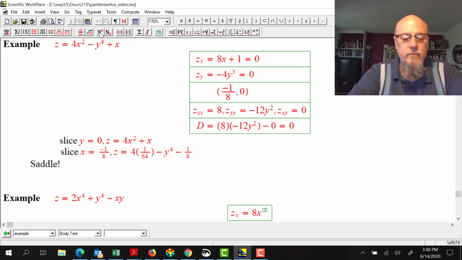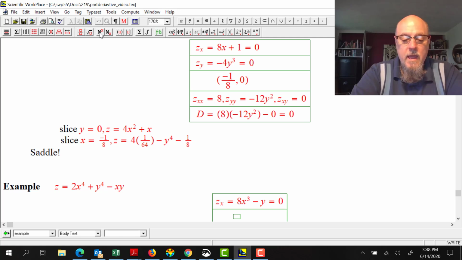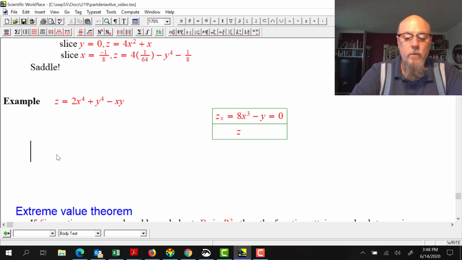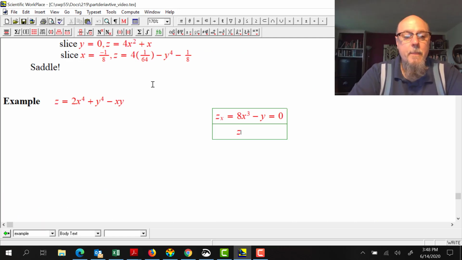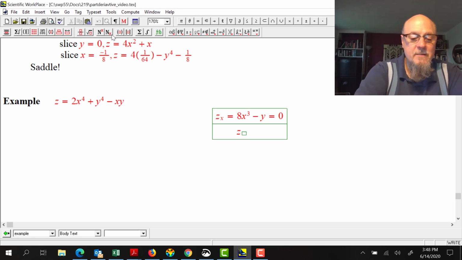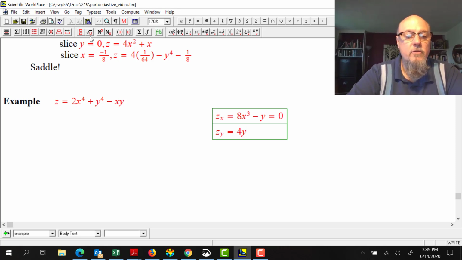I'm taking the derivative with respect to x and setting that equal to 0, and I'm taking the derivative with respect to y and setting that equal to 0. So that's going to be 4y cubed. Two equations, two unknowns.